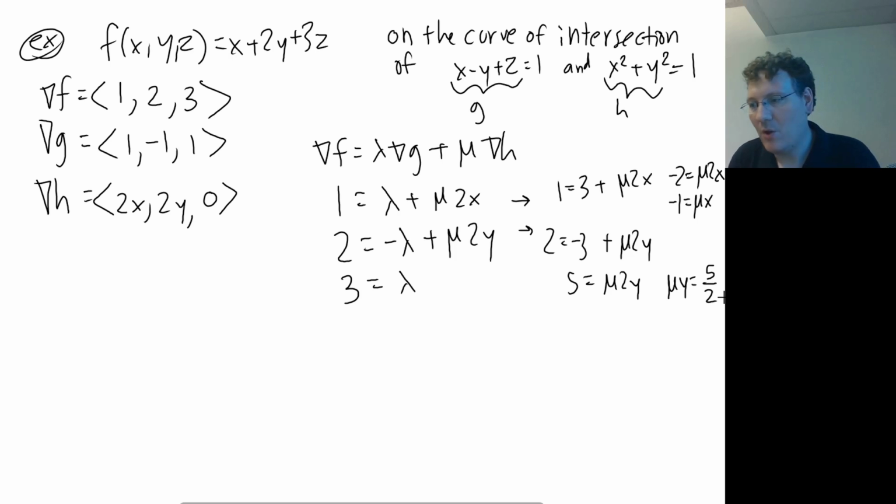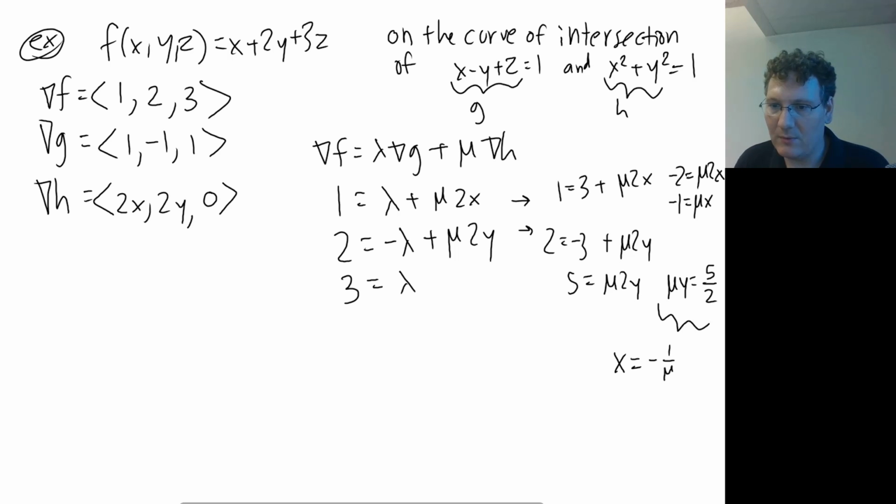Okay, so with those, let's see what we can do. We can take both of these and write x equals negative 1 over mu, and y is going to be 5 over 2 mu.